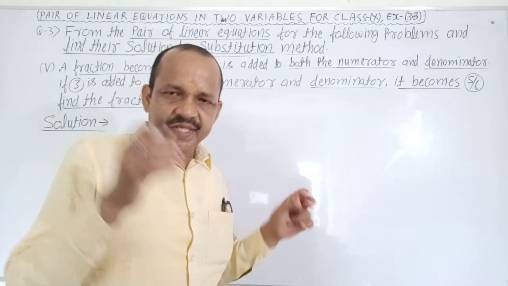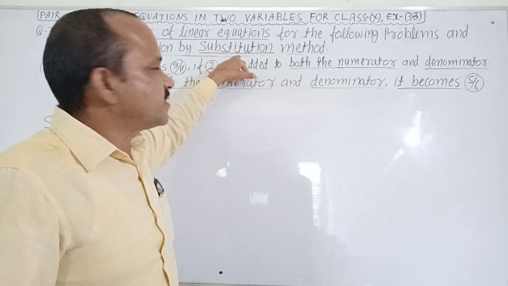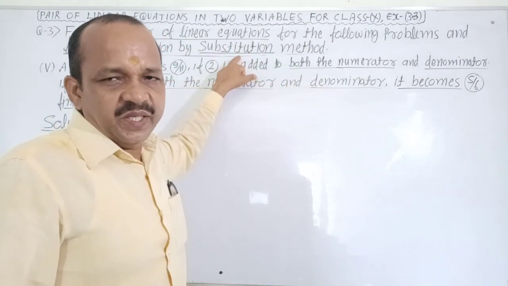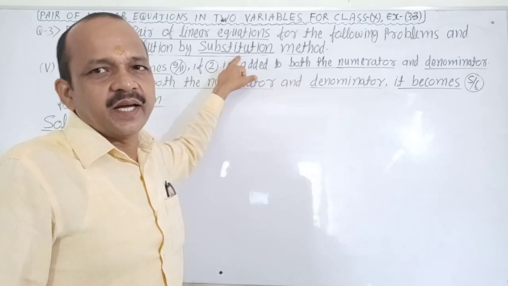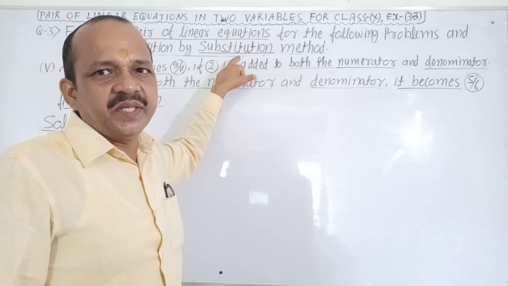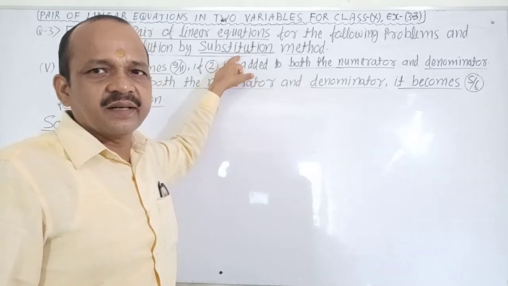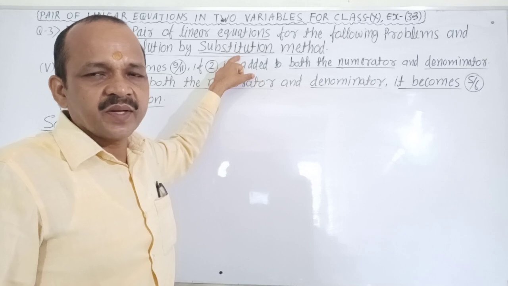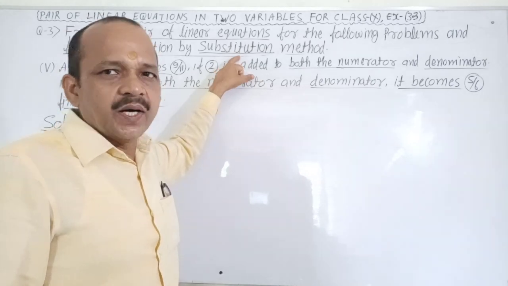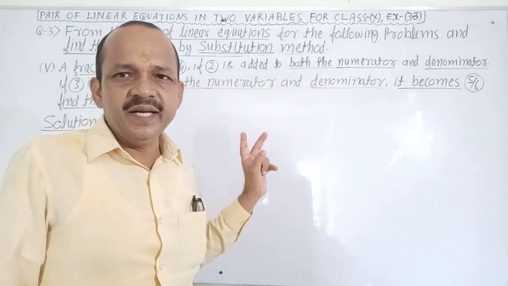The question says solve by substitution method. It means you solve it by algebraical methods. There are three types of algebraical methods: substitution, elimination and cross multiplication. But here you solve by substitution method.